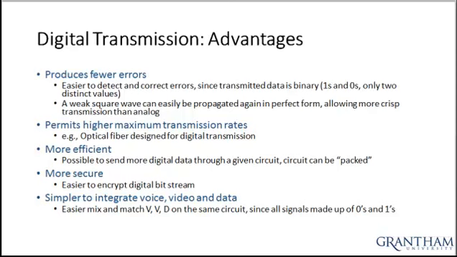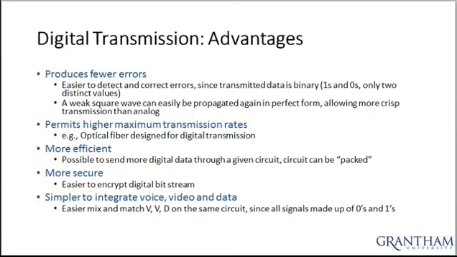As you are probably aware, the digital transmission option has more advantages than the analog transmission. Some of these advantages include that digital transmission produces fewer errors. Remember, you have the two positions, 0 or 1.